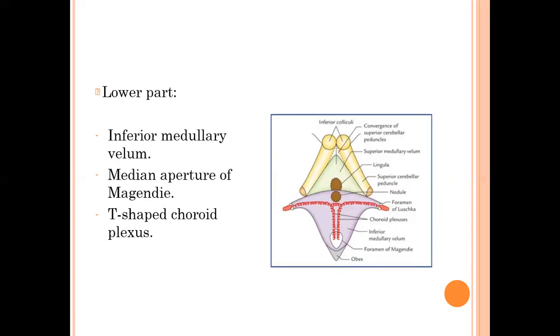We also have the tela choroidea of the fourth ventricle. The tela choroidea of the fourth ventricle is the double layered fold of pia mater between the inferior vermis of the cerebellum and the lower part of the roof of the fourth ventricle.